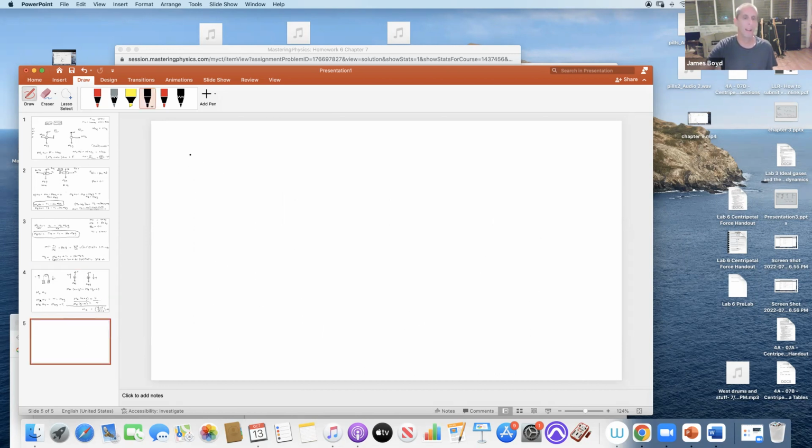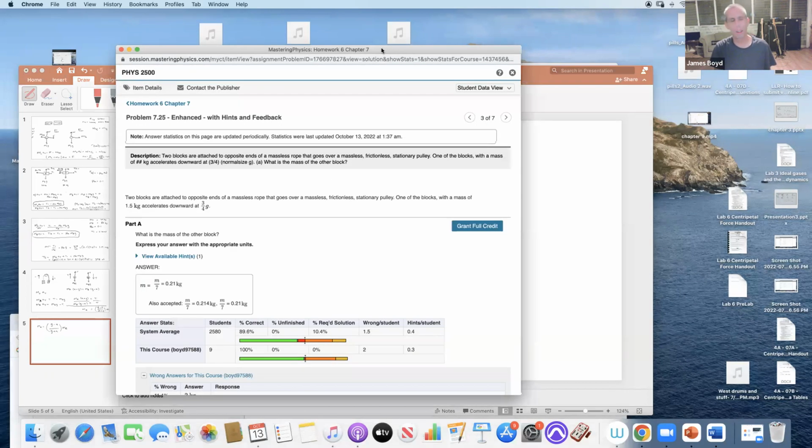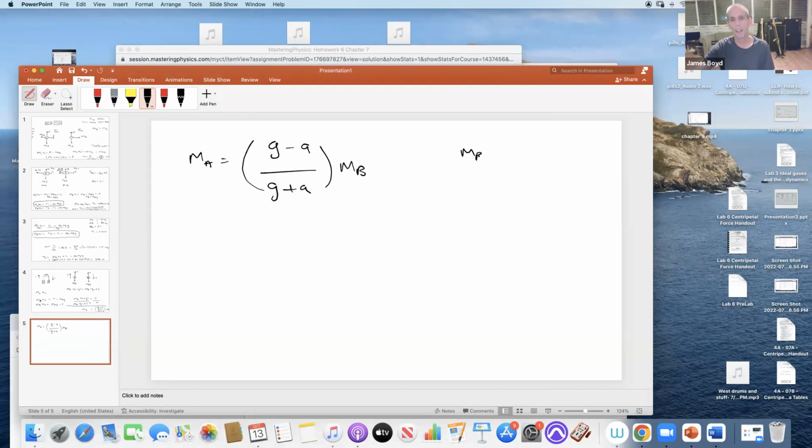So m_A is equal to (g minus a) over (g plus a) times m_B, which is a little weird for an Atwood machine. We usually don't know a. Now, we're assuming that one of these blocks has a mass of 1.5 and is accelerating downward at 3/4 g. So we're assuming that m_B is 1.5 and that a is 3/4 g, or 3/4 times 9.8.